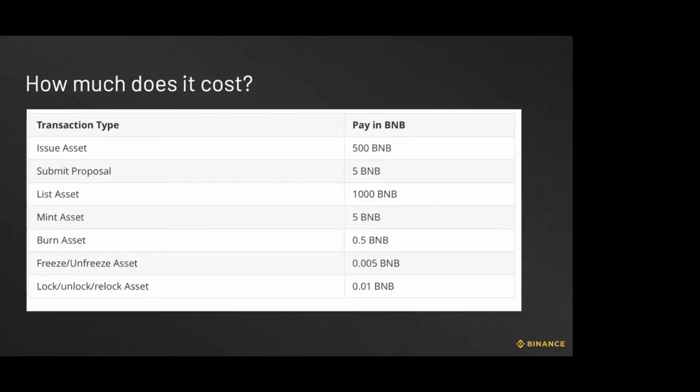The cost for listing a new trading pair is a little more than 1,500 BNB, because you need to spend 1,000 BNB to first issue a token, and then submit a proposal, and the list also costs BNB. So that is how much you need to pay for getting listed.